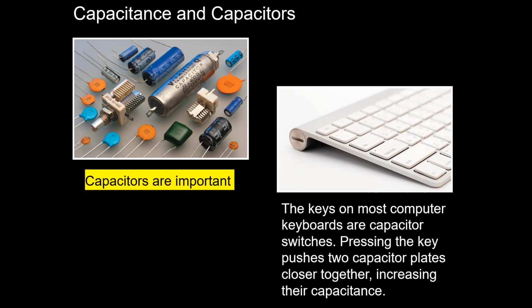Old desktop keyboards are basically dozens of capacitors. Each key on the keyboard has a capacitor below it, and when you make a keystroke, pressing down that key changes the distance between those plates, changing the capacitance, and that voltage registers in the processor as being a stroke of, say, the D key.